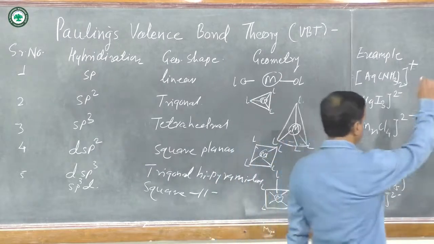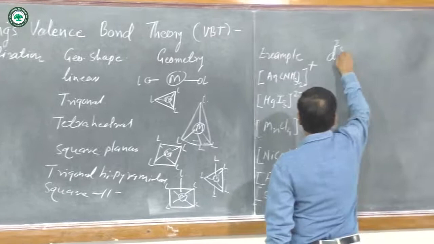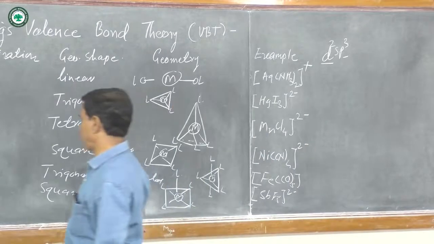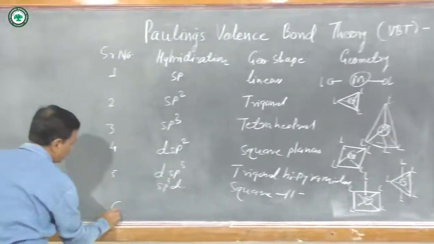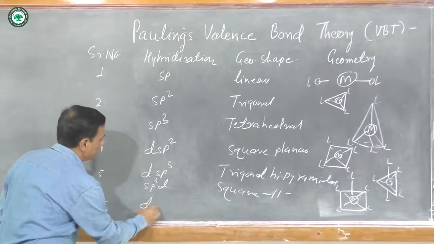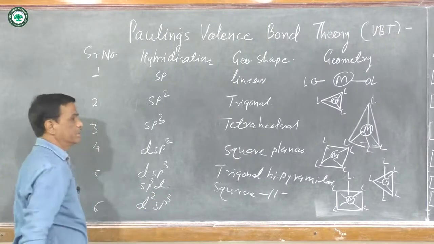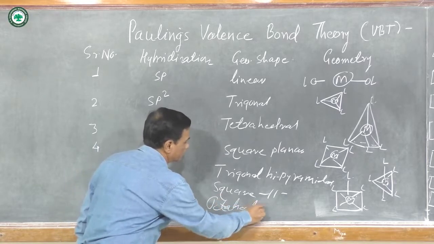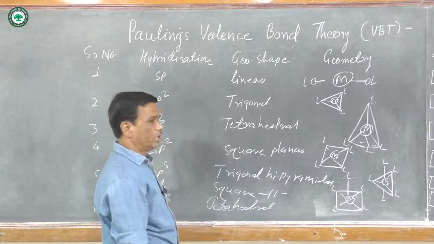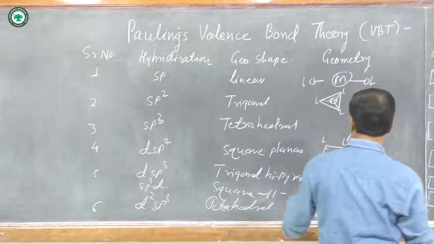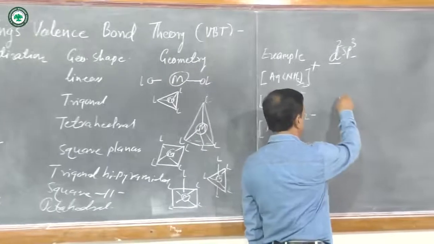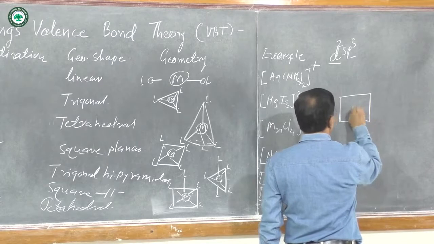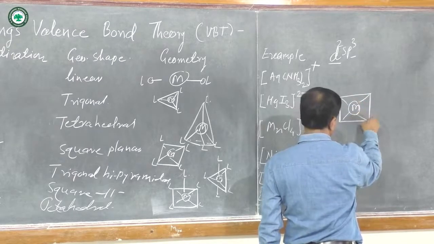Then the next is d2sp3 hybridization, number 6. It is known as octahedral hybridization. In octahedral hybridization, there is an octahedral structure. The metal is at the center position.